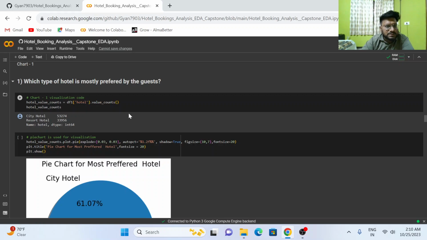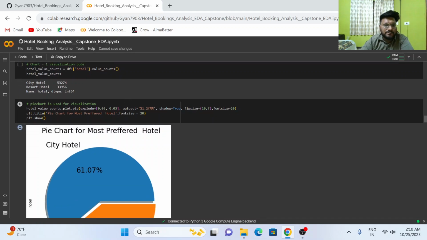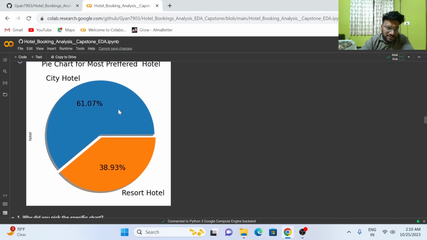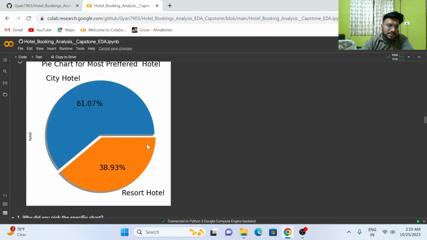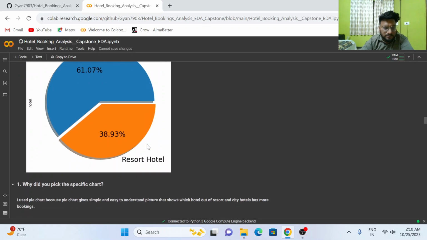We visualized it using a pie chart, in which we can see that 61.07% of the guests chose city hotels, and the remaining 38.93% chose resort hotels.